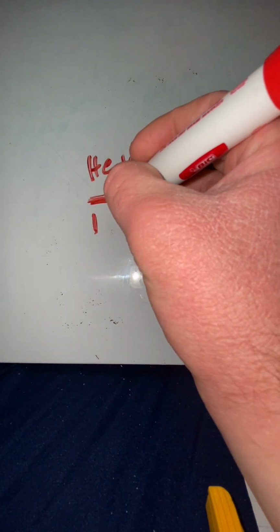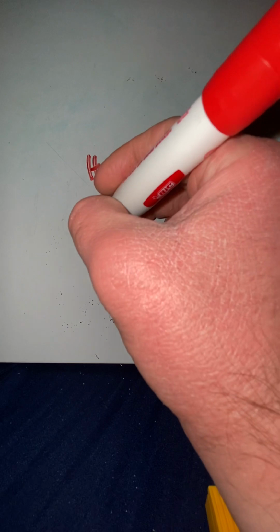There's 2 lines there, but it's supposed to be 1 line, and that's hey. There's got to be that little gap right there, because if you don't have that gap, then it's a completely different letter, and it makes a different sound. But that's hey, makes the H sound, and now we move on to the next letter.